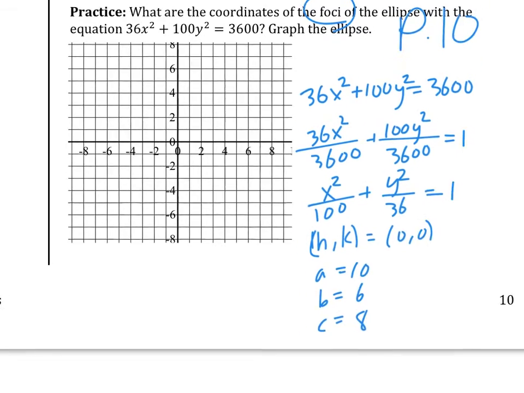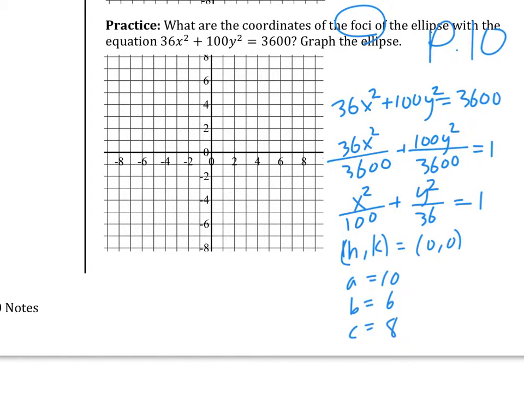This tells us that the major axis is on the x axis because A squared is under x. So x is the longer one. That means the foci have to be on this major axis as well. The foci always go with the longer axis. Therefore, the foci points are at plus or minus 8, 0.